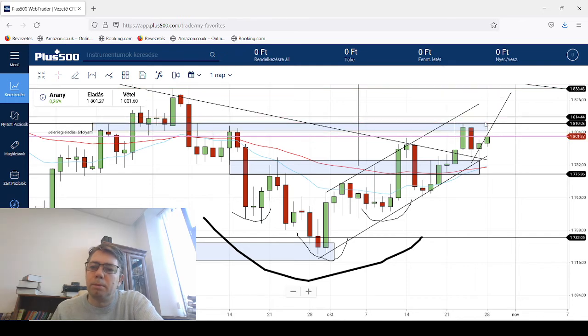We don't need to pull back to this level, this is going to be hopefully a level of support, but we might pull back to around 1810, 1815 area before we go back up and continue our way up, because I believe sooner or later we will even break above 1830. So right now I expect gold to go to 1830. That's my price target. So that's gold.